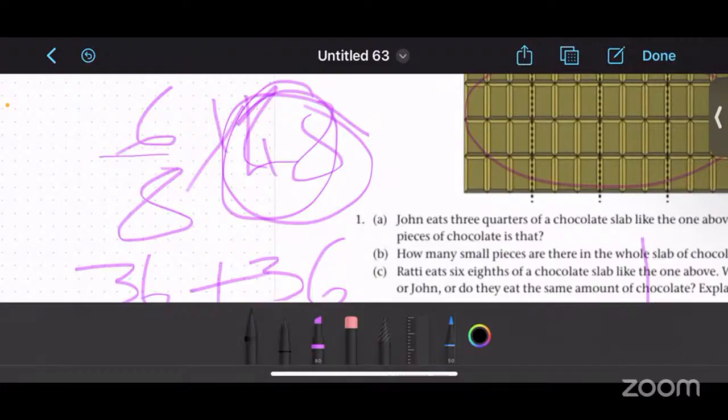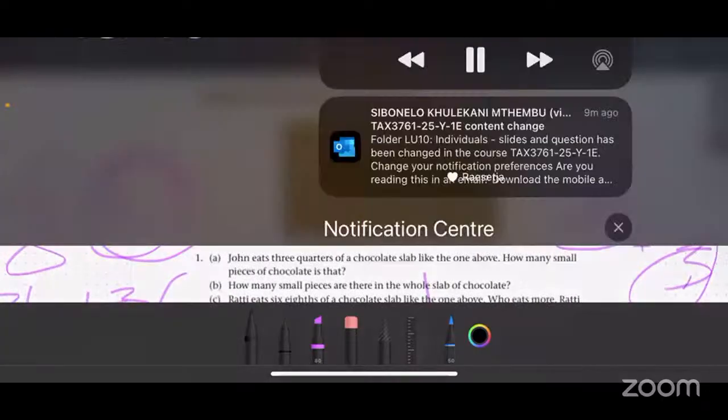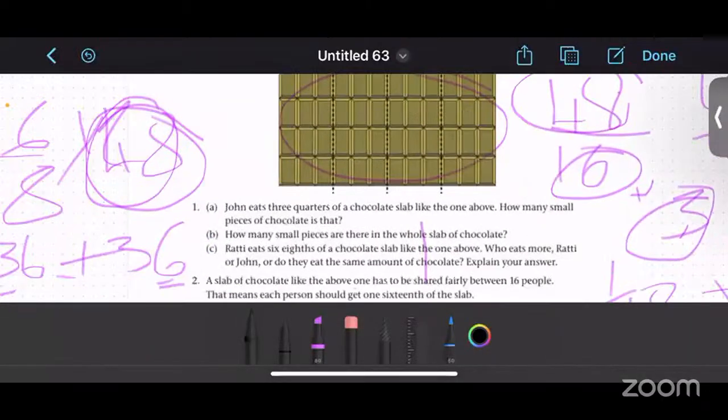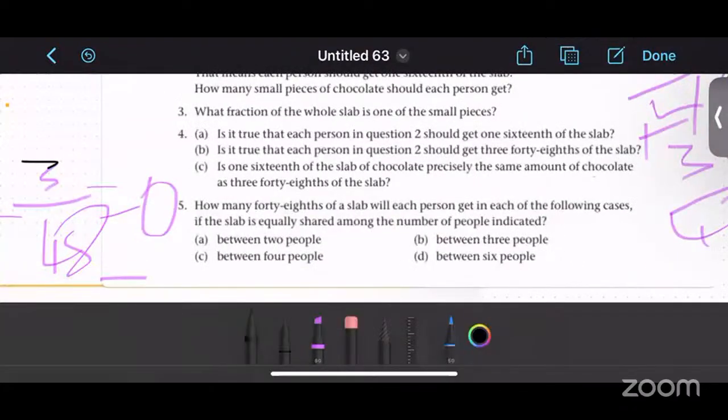Perfect. I think we are running out of time a bit. Number five says, how many 48ths of a slab will each person get in each of the following cases if the slab is equally shared among the number of people indicated?